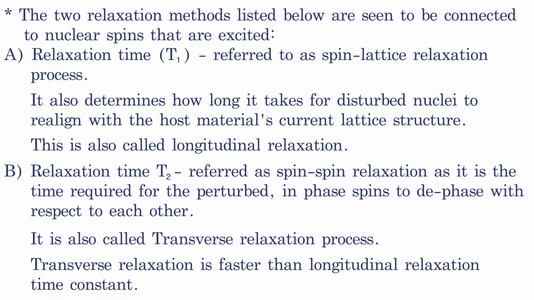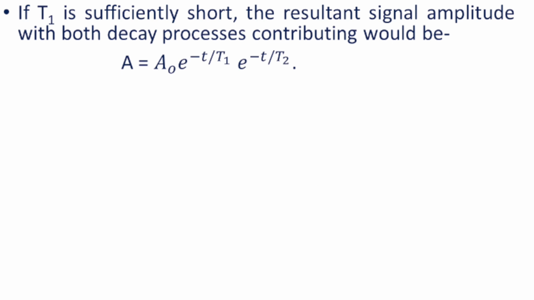Transverse relaxation is faster than the longitudinal relaxation time constant. If T1 is sufficiently short, the resultant signal amplitude with both decay processes contributing would be: amplitude A is equal to A naught e to the power minus t upon T1 into e to the power minus t upon T2.